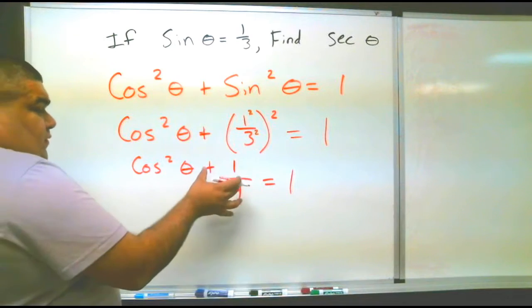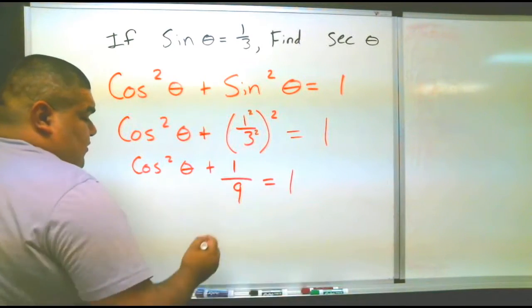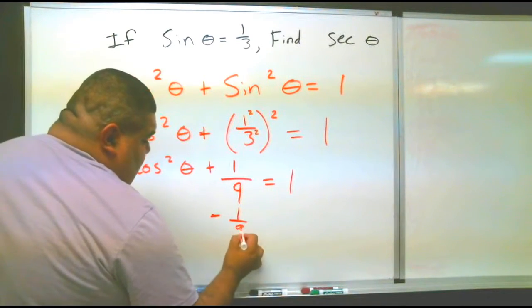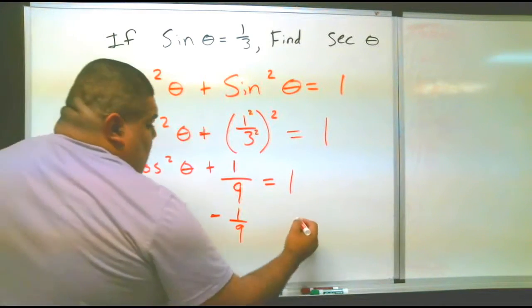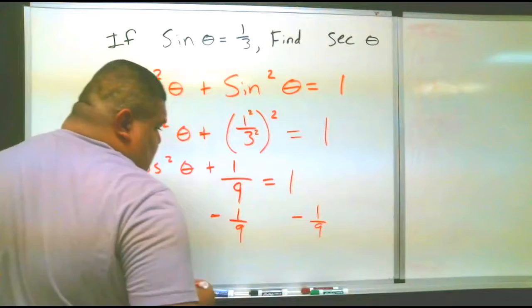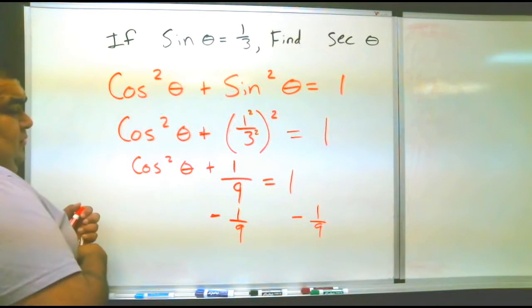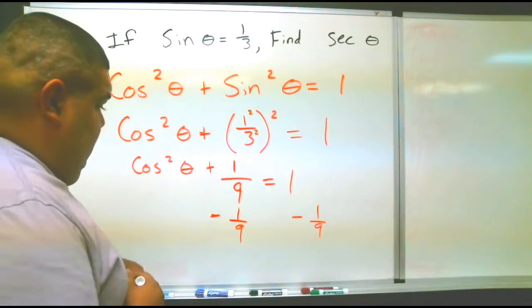Now we can move the 1/9 over here by subtracting 1/9, because it's the opposite. We're trying to leave cosine theta alone. Whatever you do to one side, you have to do to the other. So we have minus 1/9.